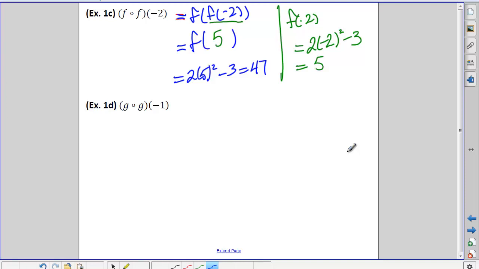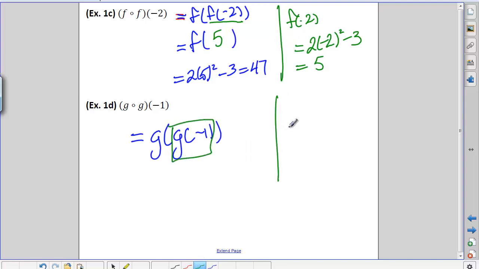We get our answer. Same thing with g of g. So this is g of g of negative 1. So the first thing we need to do is figure out what's g of negative 1. Remember, g of x here is just 4x, right?